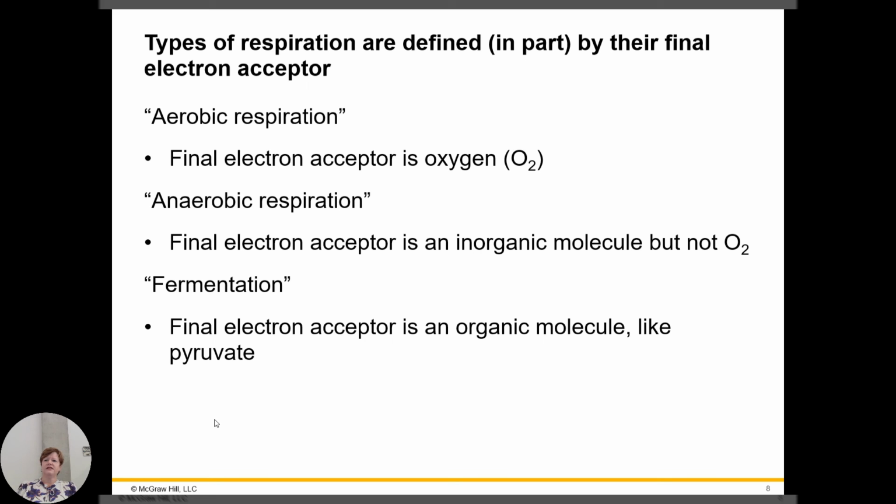It's where the final electron acceptor is an organic molecule, some kind of organic compound. And the one we're going to look at is a molecule called pyruvate. We're only going to touch briefly, though, on the anaerobic and the fermentation pathways. Most of our chapter is going to be focused on aerobic respiration, so respiration with the final electron acceptor that is oxygen.